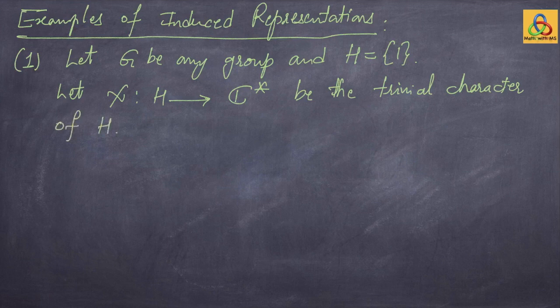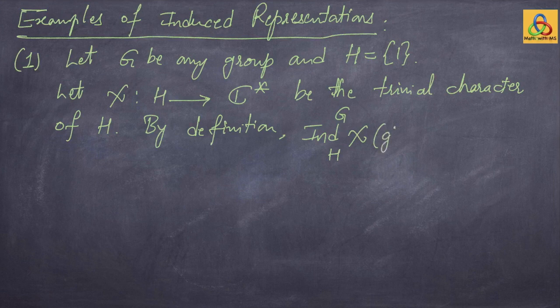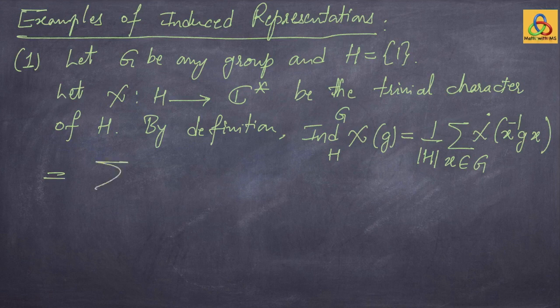We now want to define the induced representation. So let us first find the induced character of this character chi. By definition, what is the induced character of this chi from the subgroup H to the subgroup G? At a group element g, how does it act? It is 1 by the order of the subgroup H, summation x in the group G, chi dot of x inverse g x.